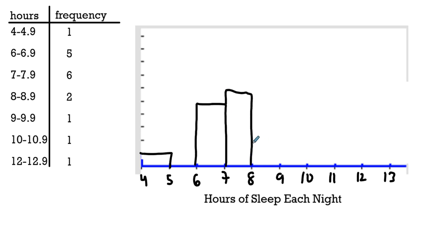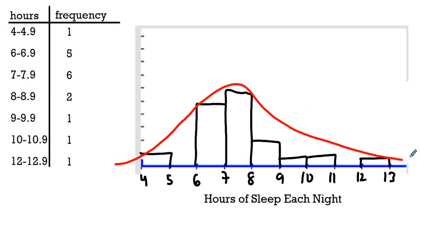Then 2, then 1, then 1, then 0, then 1. So there'd be my distribution, my histogram. You can see if I sketch a general curve in there, it looks like that. Might be some slight positive skewness. That right tail is just a little bit bigger.